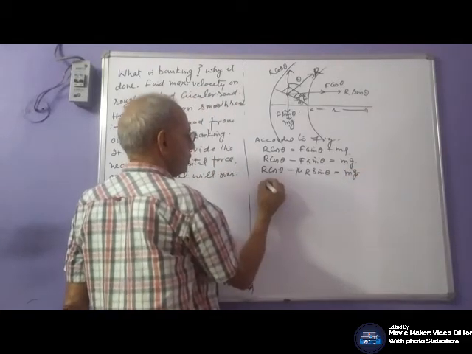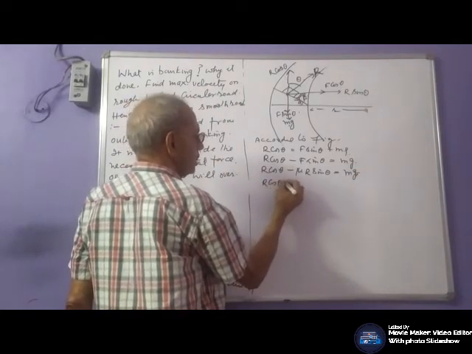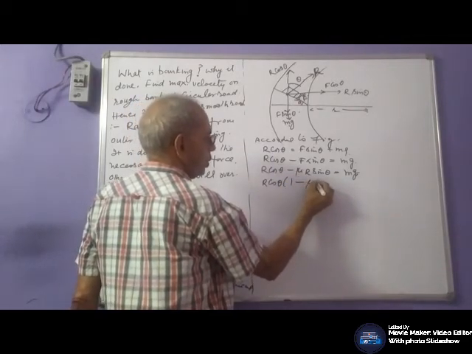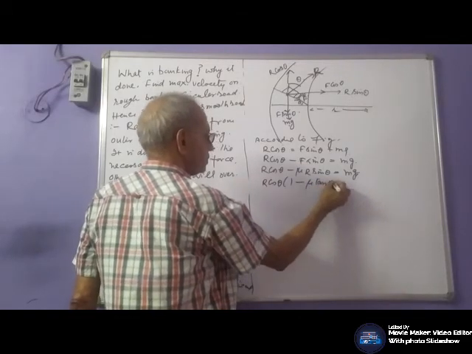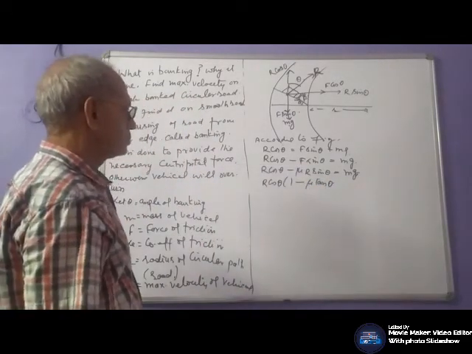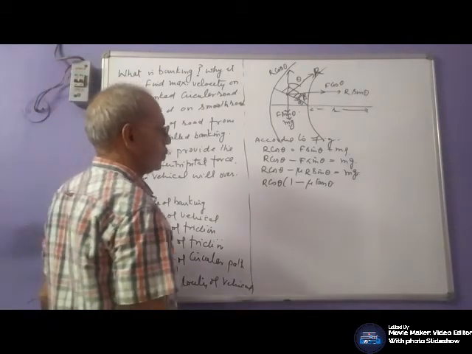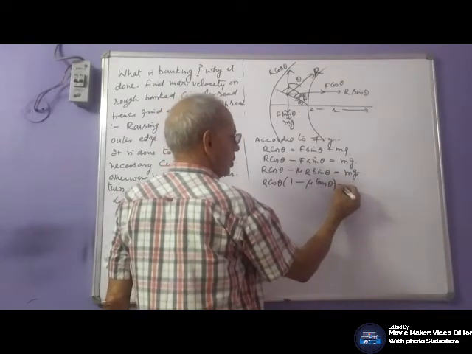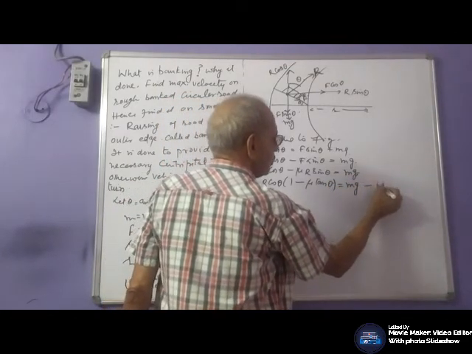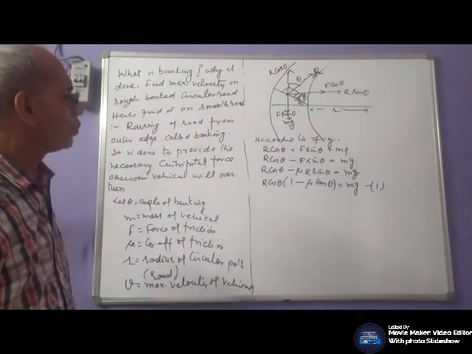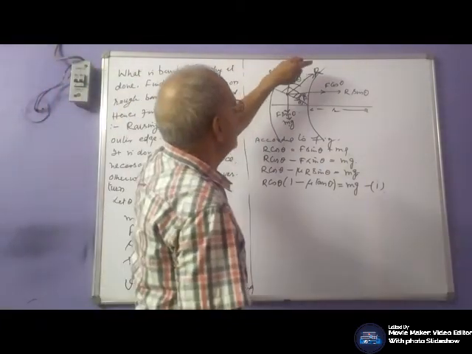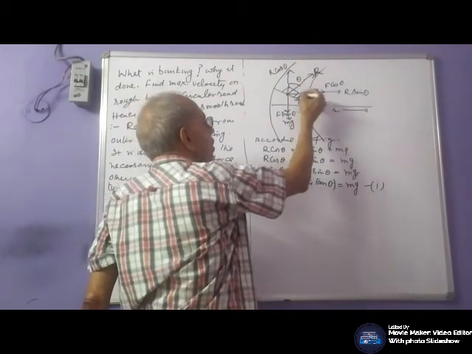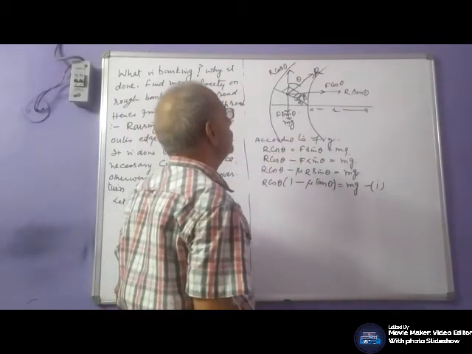Take R cos theta outside: R cos theta times 1 minus mu tan theta is mg. This is number first. Again, it is finished, resolved. This force of friction resolved, so it is also finished.